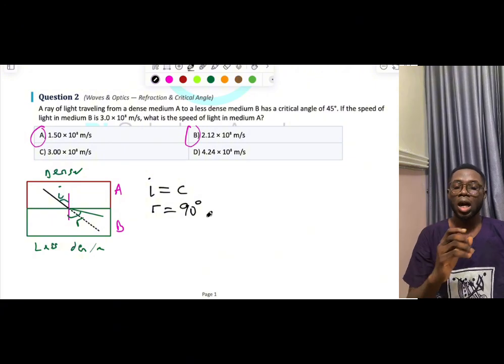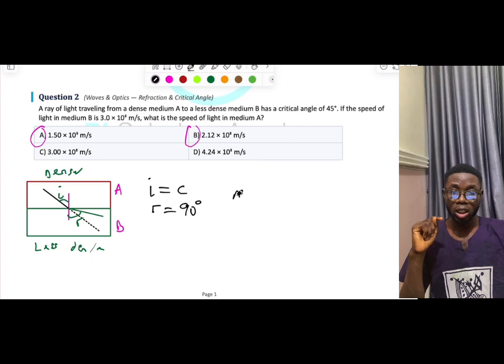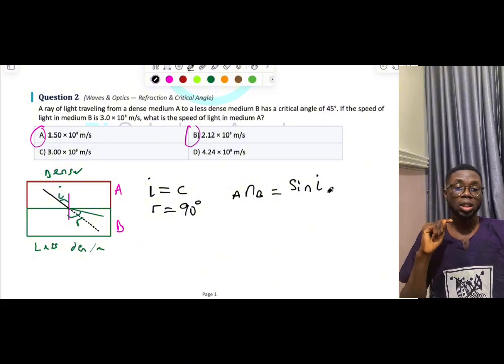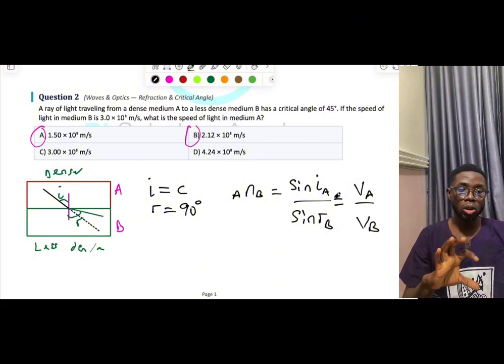If you want to find the refractive index from medium A to medium B, you can either use sine of the angle of incidence in medium A divided by sine of the angle of refraction in medium B, or you use the speed of light in medium A divided by the speed of light in medium B. Either of these two equations will hold.